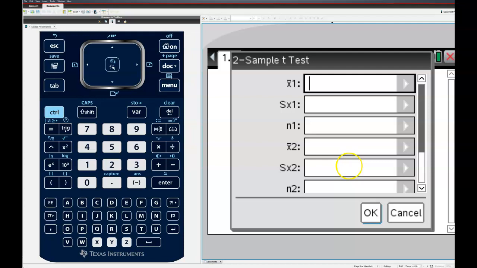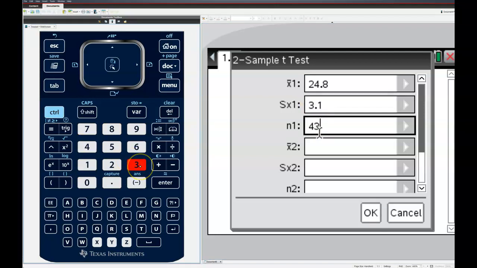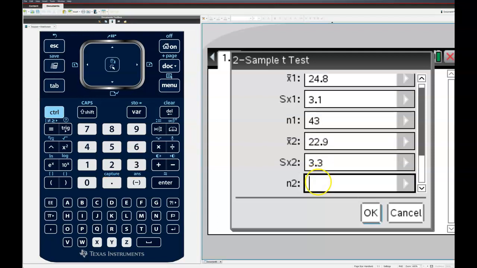So we have 24.8 for training A with a standard deviation of 3.1, and we have 43 dogs. In the second training session, it was a mean of 22.9 with a standard deviation of 3.3, and training program B had 41 dogs.